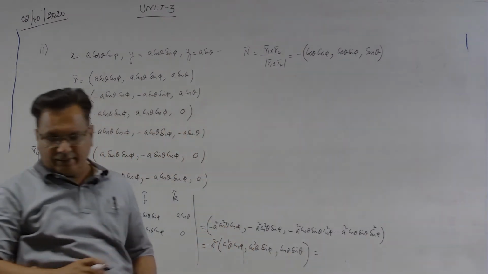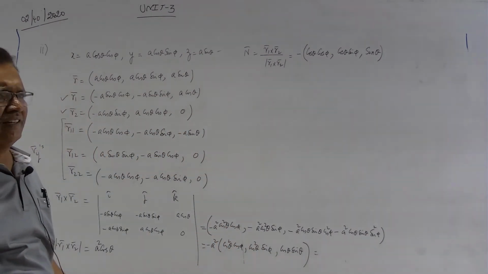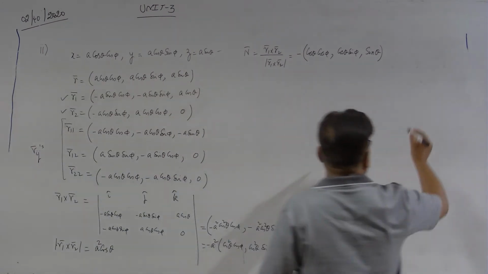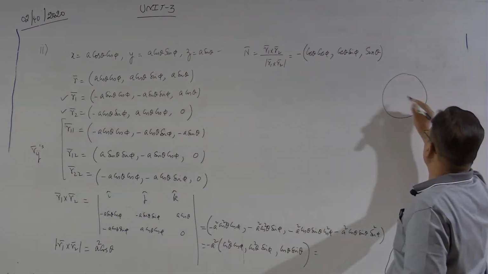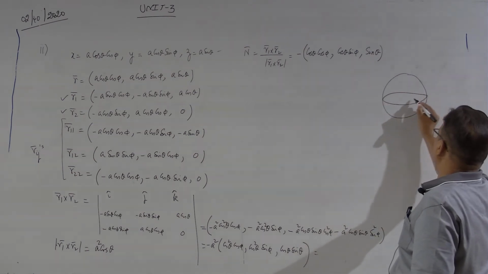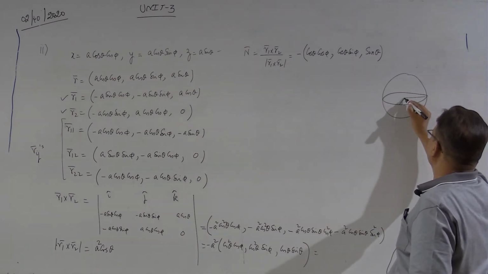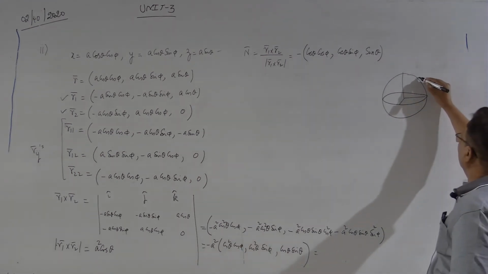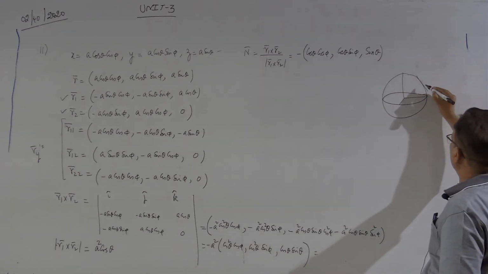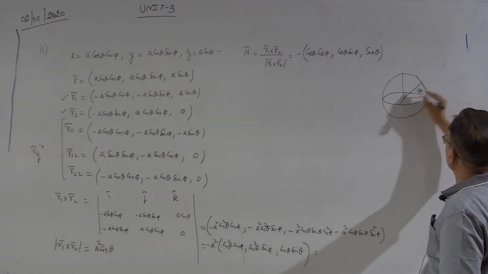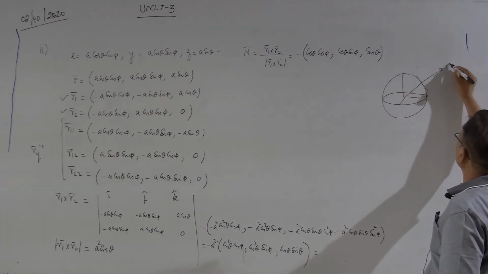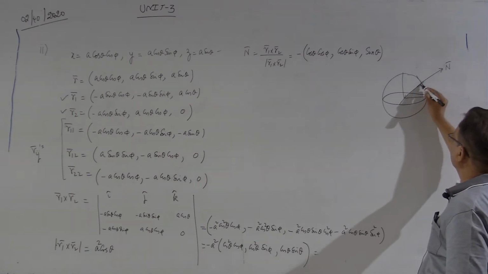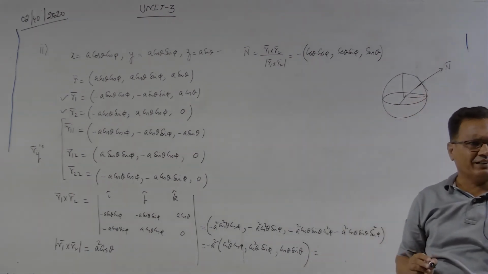In fact, this is the position vector in the opposite direction. So, you know it on the sphere. In fact, we should have written it directly. If this is the sphere, then the normal of this will be actually this vector, and if you go in the opposite direction, that will be the radius vector.